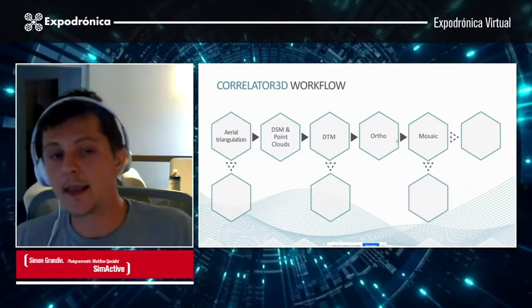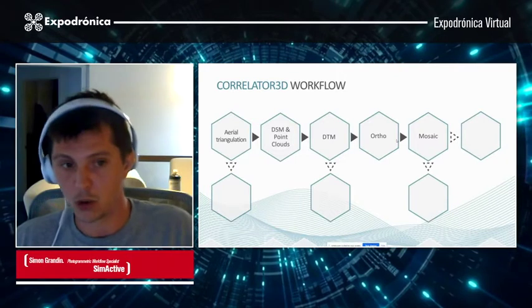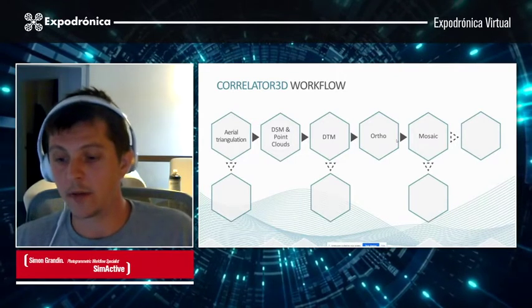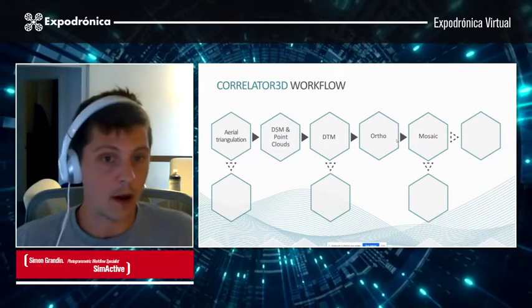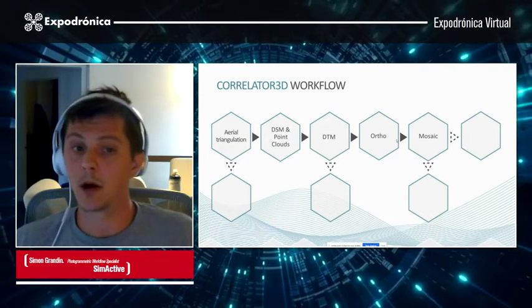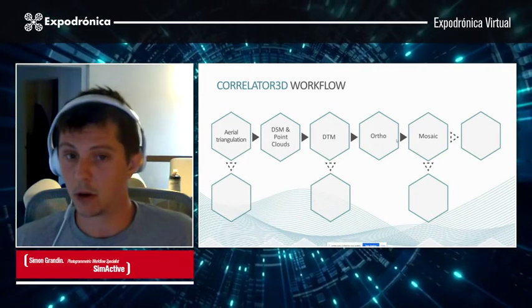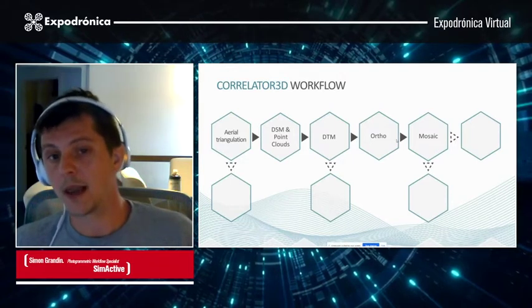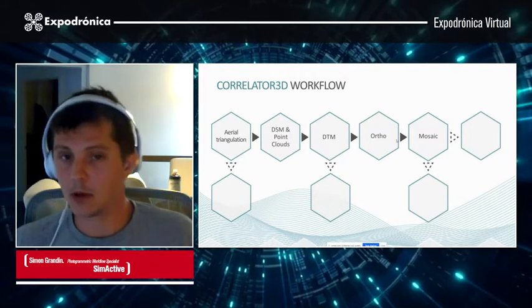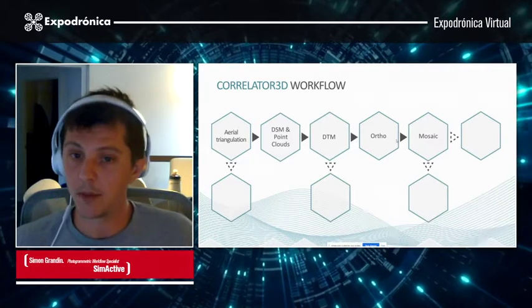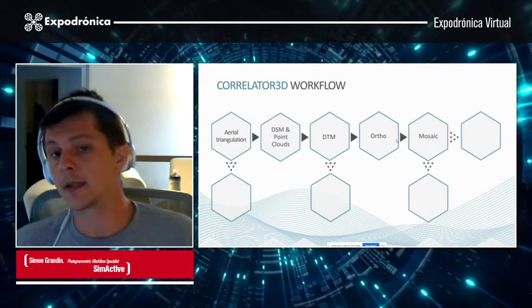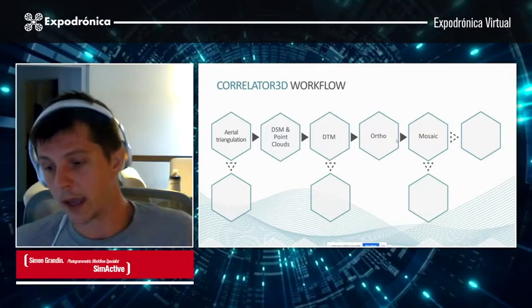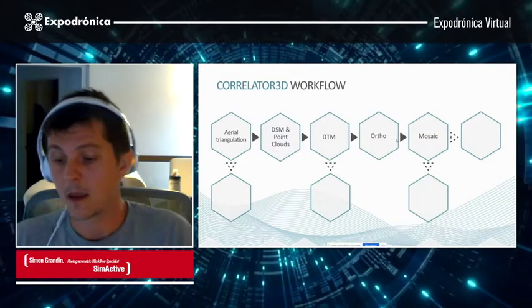Then we have the DEM extraction module, which allows the user to generate a surface model and point cloud, and also extract the terrain model directly from this surface model. We also have an orthophoto module, which allows users to ortho-rectify individual images and also create a seamless and color-balanced mosaic for mapping purposes.